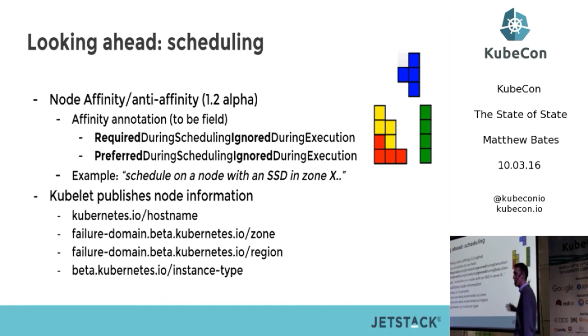So you can say, I want this to land very specifically in a region. I've had to do this on occasion to make sure things match up and get themselves to the right place. And there's also instance type, which I think is pretty neat as well. So you can start using that when making a scheduling decision. Maybe you're paying for high CPU instances and you want to land it on those instead. So these things are all available, and you can use them.